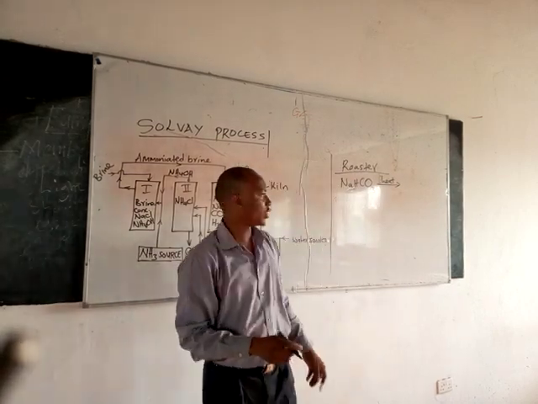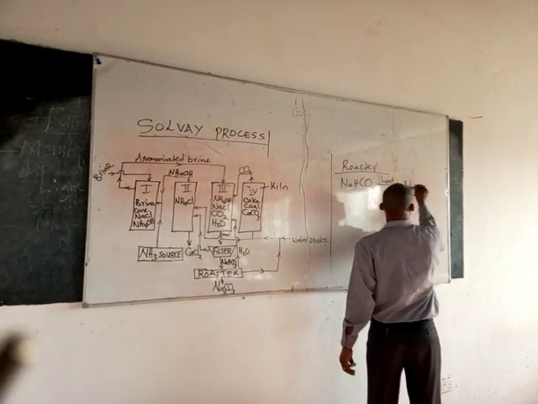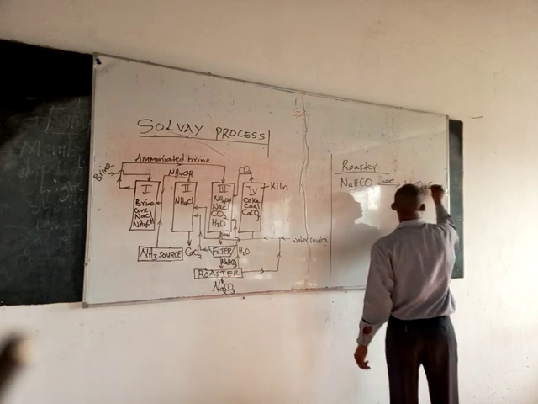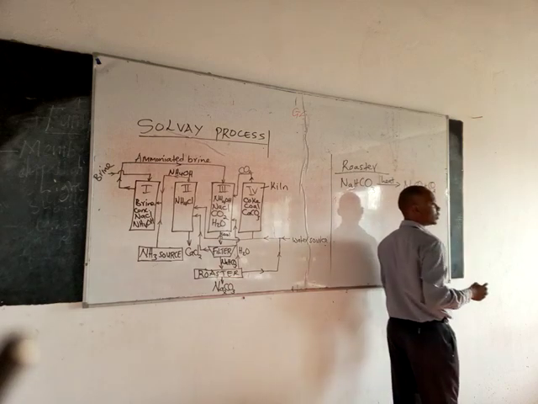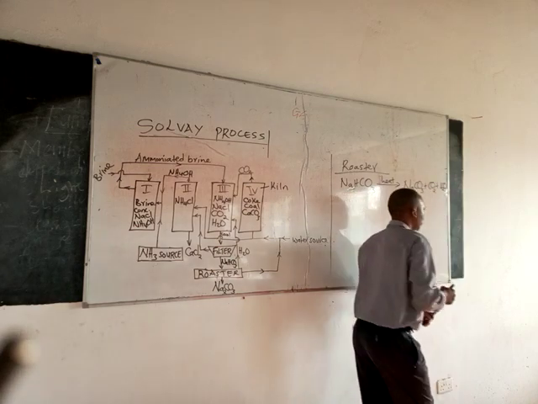We are decomposing this substance by heating, and in this case, we are going to harvest sodium carbonate, and carbon 4 oxide will also be formed, not leaving behind water. Water will still be produced.